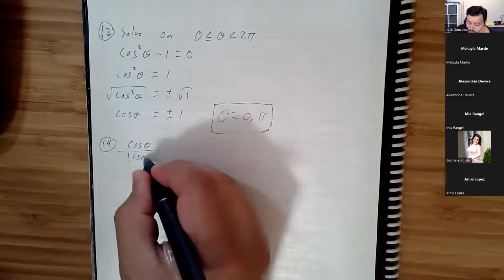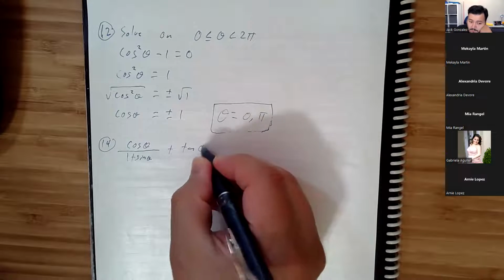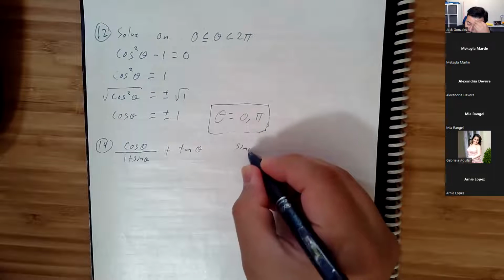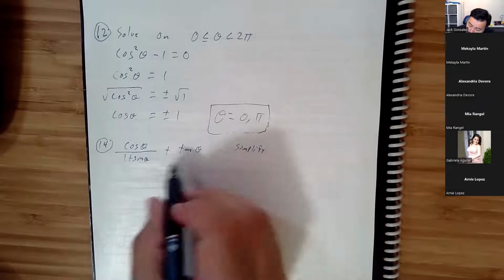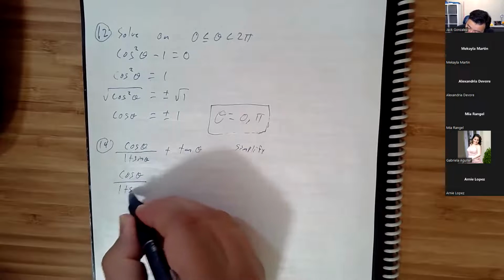One plus sine. So sine over 1 plus sine plus tangent. Okay. So the question is just telling you to simplify. No, we're not solving for anything. So whenever I see a tangent in fractions, I think, oh, maybe I can add these together.